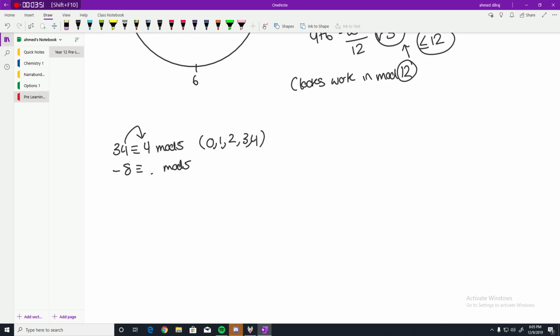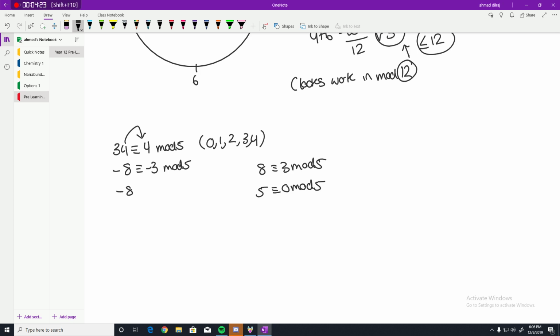Yeah. So basically, instead of minus 8, let's consider 8. 8 is congruent to 3 mod 5 because the remainder when you divide 8 by 5 is 3, right? So we could say that minus 8 is congruent to minus 3 mod 5. But remember, in modular arithmetic the only remainders we can have are 0, 1, 2, 3, or 4, because a remainder of minus 3 makes no sense, right? 5 is congruent to 0 mod 5, because dividing 5 by 5 gives you a remainder of 0.